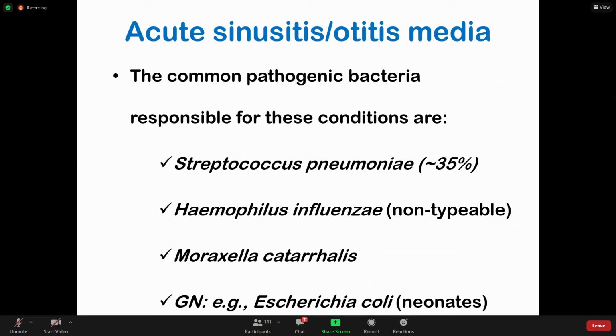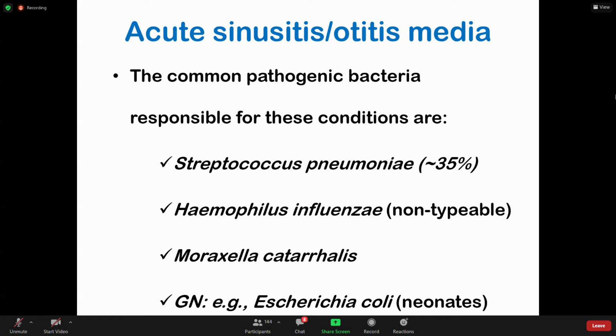With acute sinusitis and otitis media, the common pathogenic bacteria responsible for these conditions include Streptococcus pneumoniae, which is about the most common agent implicated in this condition. Then we have Haemophilus influenzae. Now, it's usually the non-encapsulated variant. So we refer to them as the non-typable because they don't have a capsule.